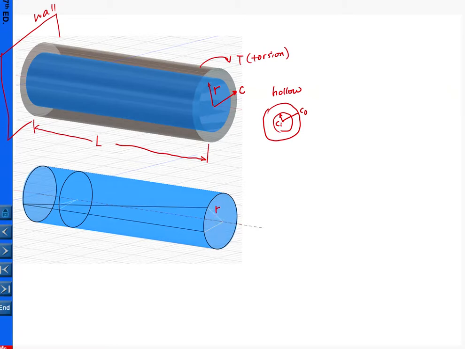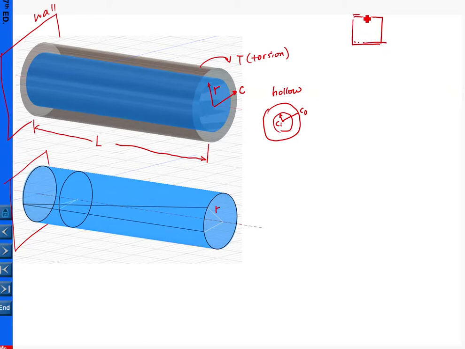With this, consider this free body diagram, and again we fix the shaft against the wall here. Let us start by identifying the shear strain. If you remember our definitions from chapter 1, the shear strain is defined as the change in angle of a patch.